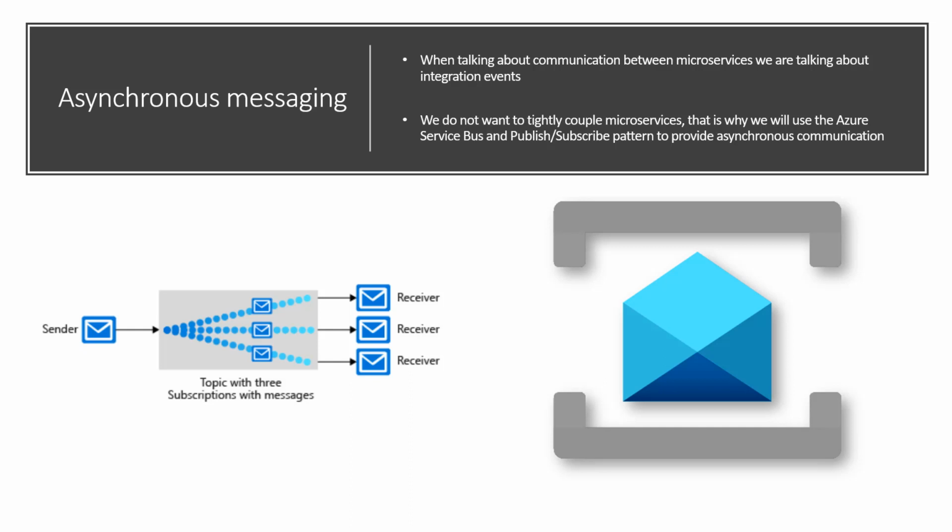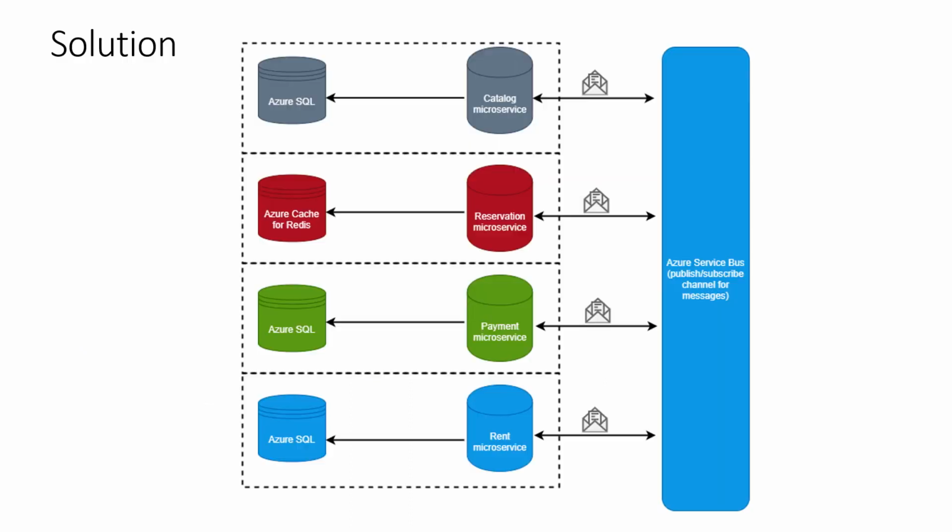So we don't want to tightly couple microservices, and that is why we will use the Azure Service Bus and the publish subscribe pattern to provide asynchronous communication. So it's important to mention that with Azure Service Bus topics, we can publish a message to a topic, and then multiple receivers can receive this message.